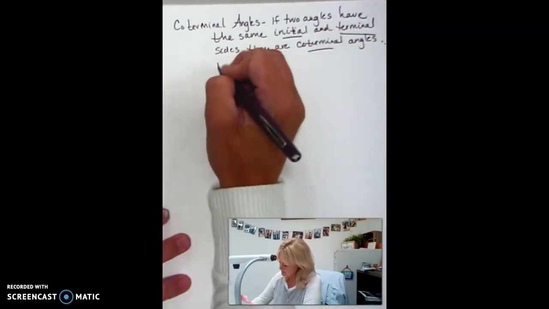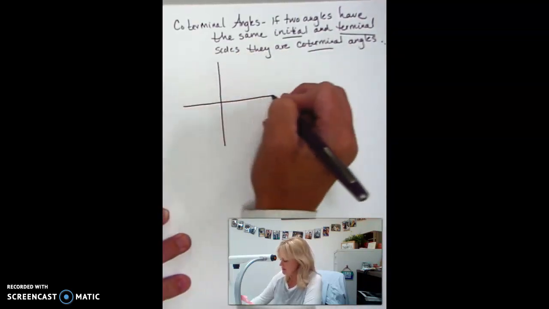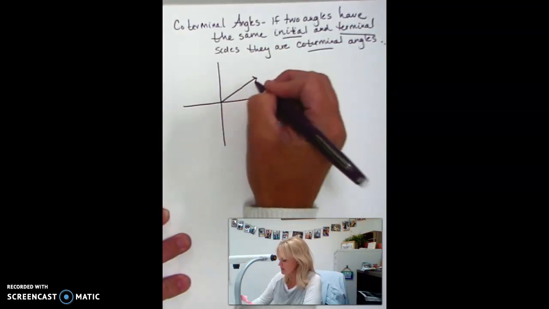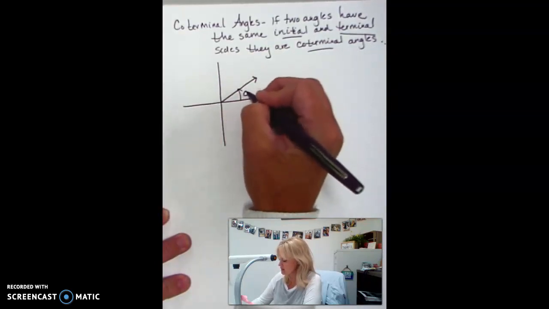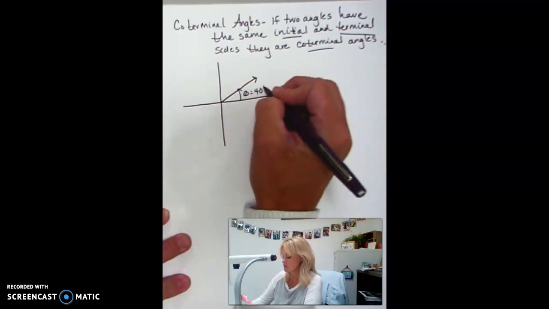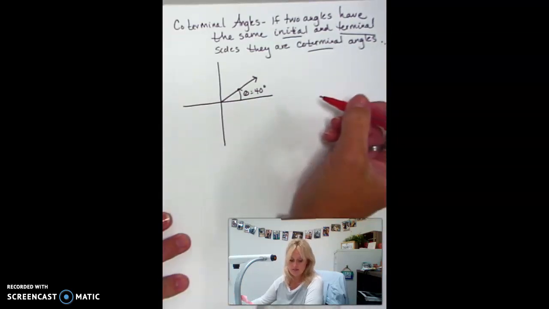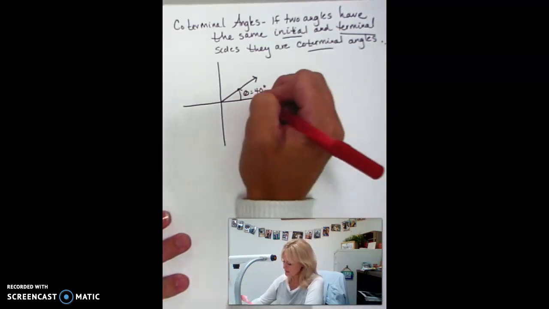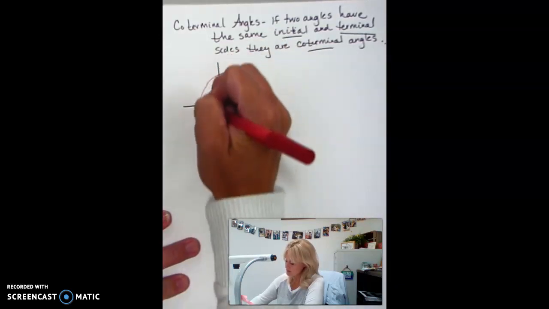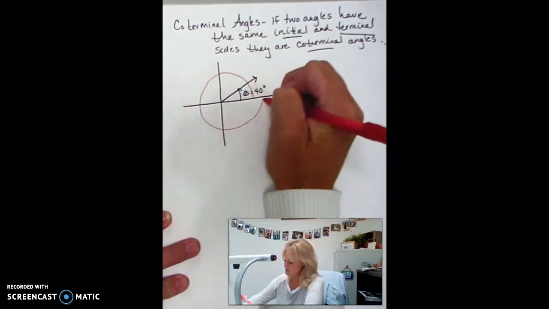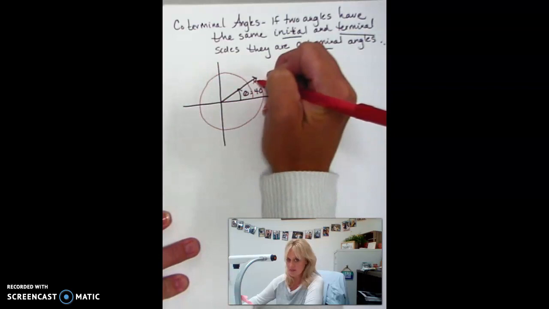So, for example, if I sketched this angle right here and told you theta was 40 degrees, there's another angle that shares the same thing. What if I go like this? 360 degrees plus another 40 degrees.